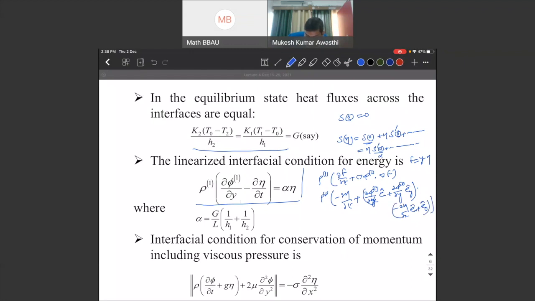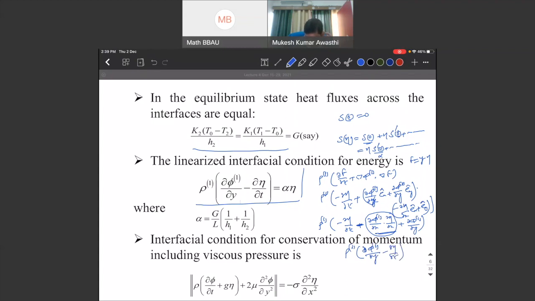And so we will get the condition like this: rho 1 times minus del eta by del t plus del phi 1 by del x into del eta by del x. This should be minus, and plus del phi 1 by del y. In the linear analysis, we have to neglect the terms of order more than 1. So this goes to 0, and we will have the condition rho 1 times del phi 1 by del y minus del eta by del t.